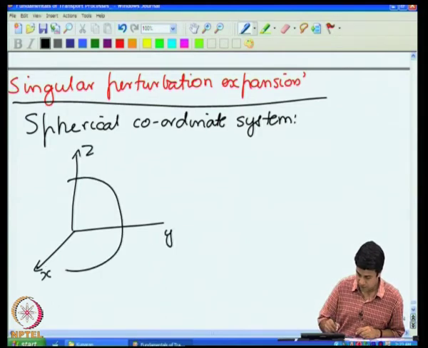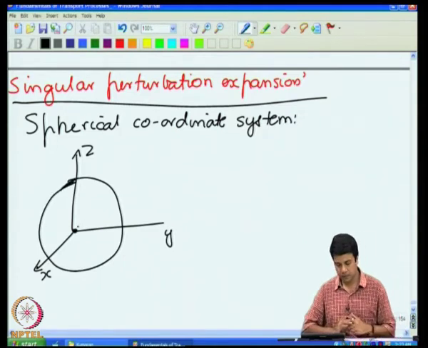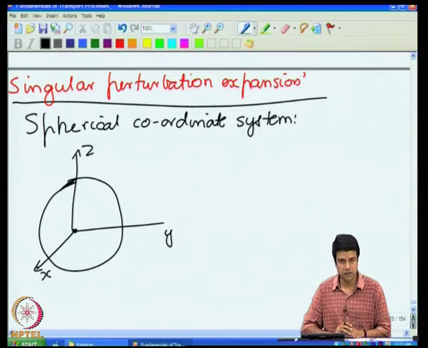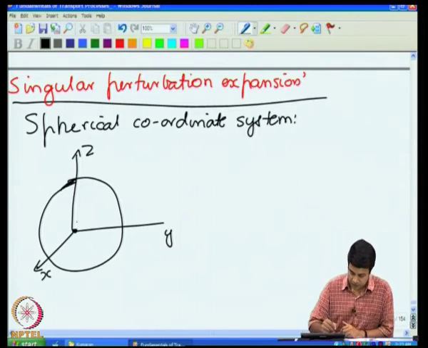So, if I have a sphere, without loss of generality, I can put my origin at the center of the sphere, and the sphere radius is r.